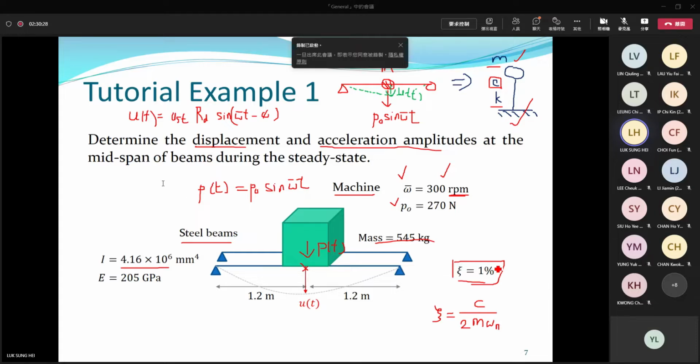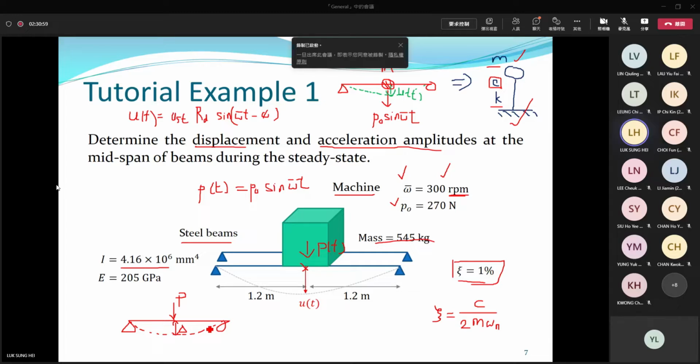What is the stiffness for this structure? We are talking about a beam under a load at mid-span. What is the stiffness for this scenario? If you want to calculate the stiffness, you can treat this first as a static beam problem.